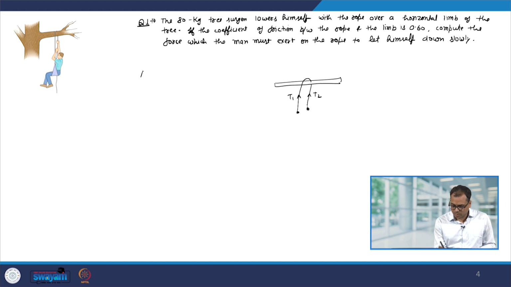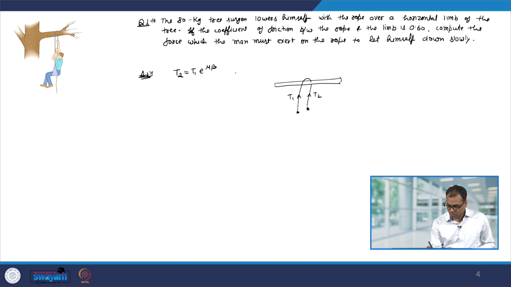So, we can use the formula T2 equals T1 e to the power mu beta, where mu is the frictional coefficient and beta is the angle that the rope is making with the branch in radian.